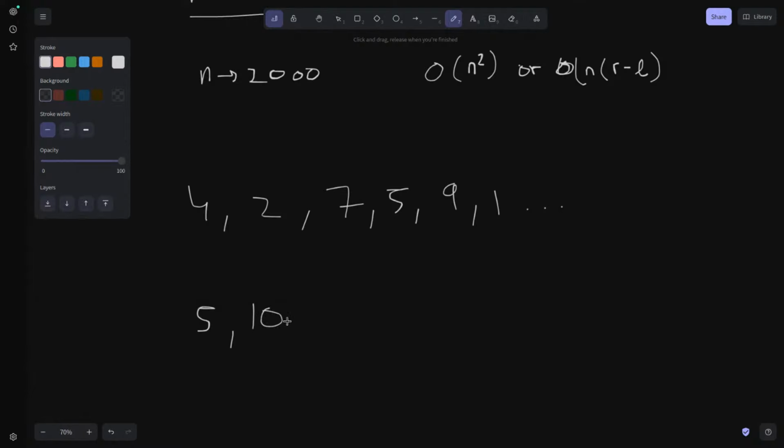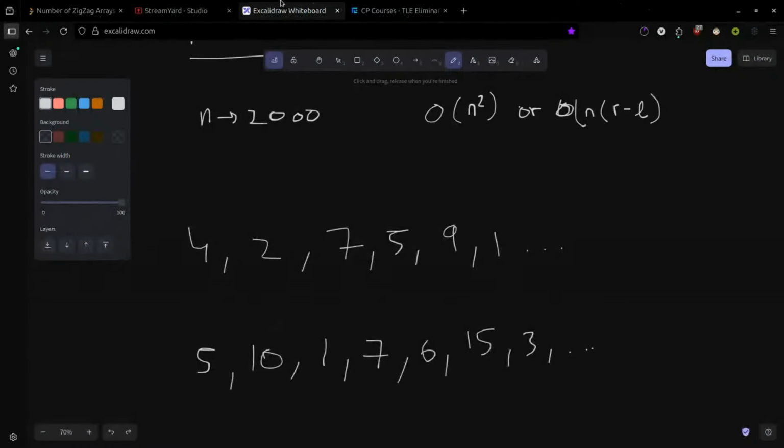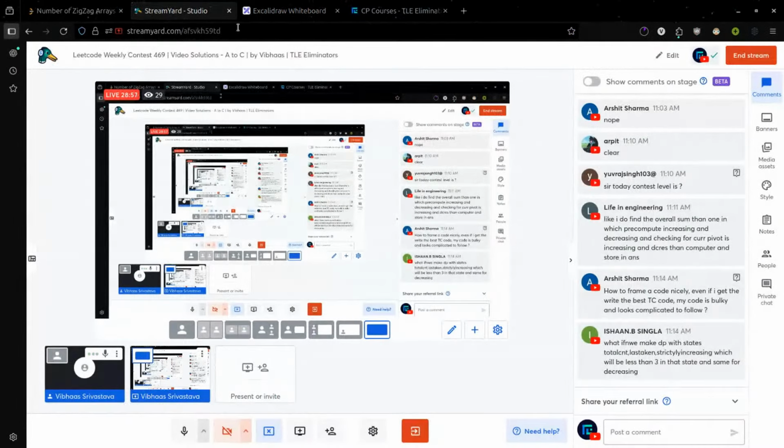So you go to 10, then 1, 7, 6, 15, 3, and so on. In the first, it's larger, smaller, larger, smaller. In this, it's smaller, larger, smaller, larger. So these are the two kinds of zigzag arrays which are being formed.